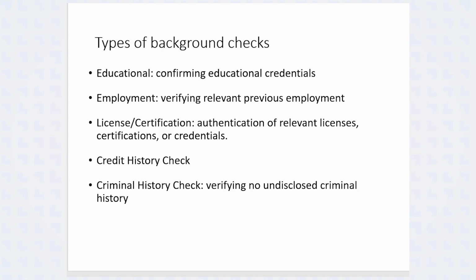In some cases, you want to do a credit history if they're in a financial position of control. In some positions, you want to do a criminal background check, and then have that verified so that there's been no undisclosed criminal history involved.